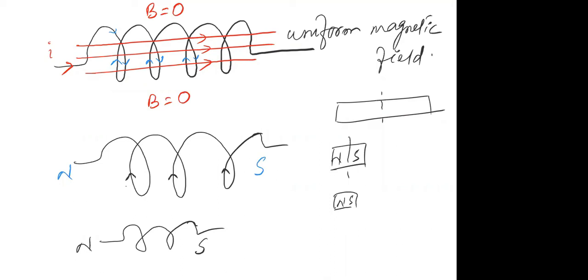And in the long solenoid, we only assume the magnetic field in the core of the solenoid, and the magnetic field assumed is uniform and has a particular direction. Every solenoid behaves like a bar magnet in a way that a solenoid also has two poles like a bar magnet, right?